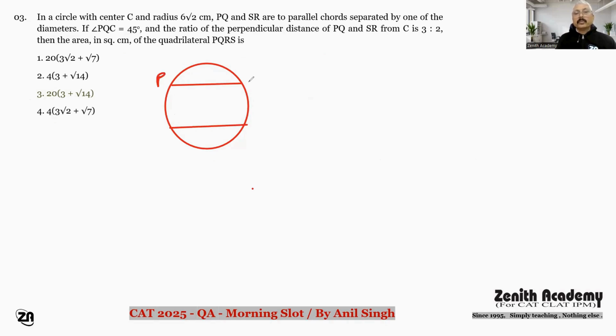So it is PQ and this is SR. These are two parallel chords separated by the diameter, which simply suggests that both chords are on either side of the diameter. If angle PQC, C is the center, makes a 45-degree angle. Okay, means PQ is this, and this is the center.